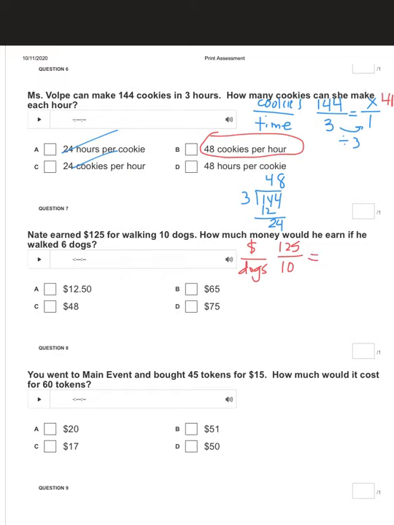We want to know how much he's going to make for 6 dogs. But let's find out how much he's going to make for 1 dog first. Okay, so divide by 10. So 125 divided by 10 will give you 12.5.